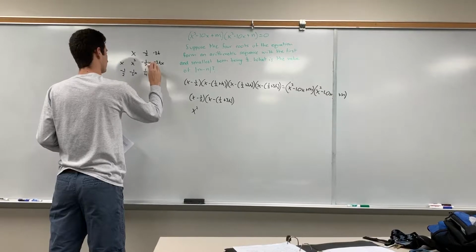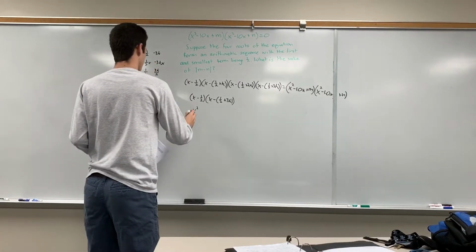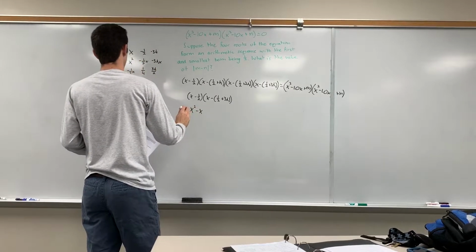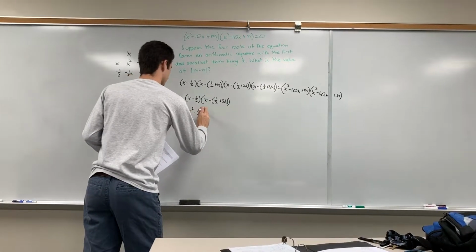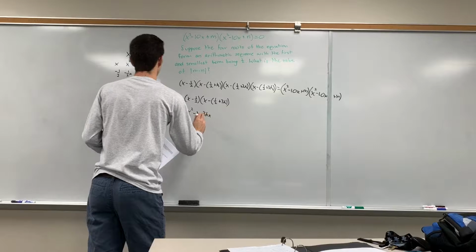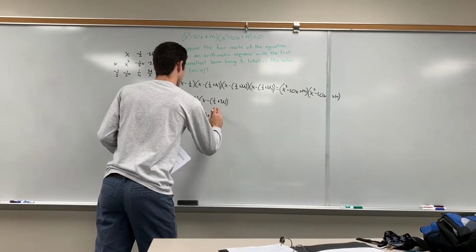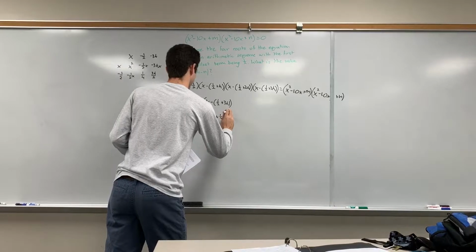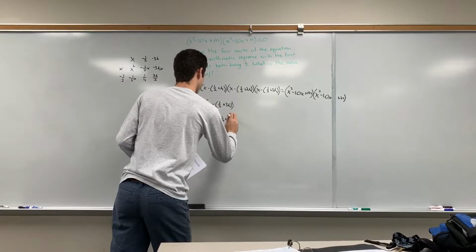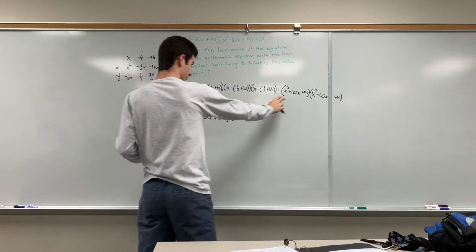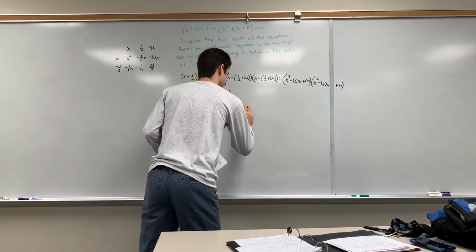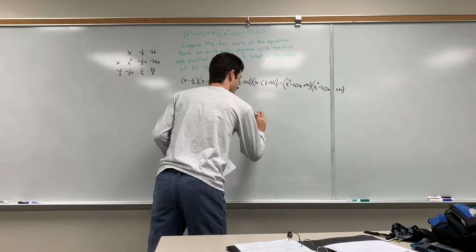And this is 3k over 2. So x squared minus x minus 3kx plus 1/4 plus 3k over 2. So I set that equal to this term, x squared minus 10x plus m.